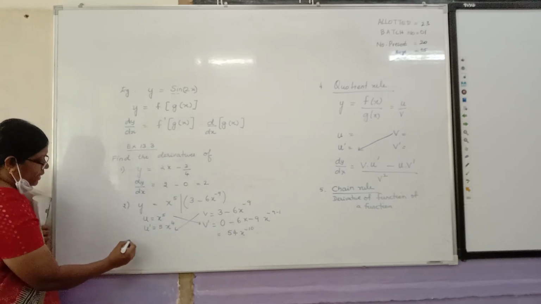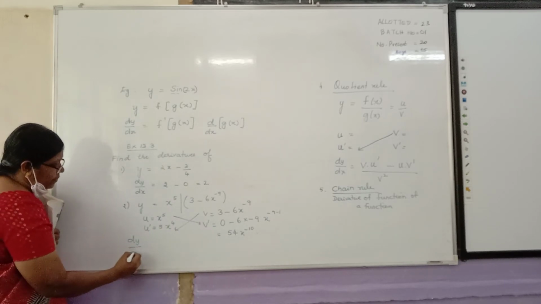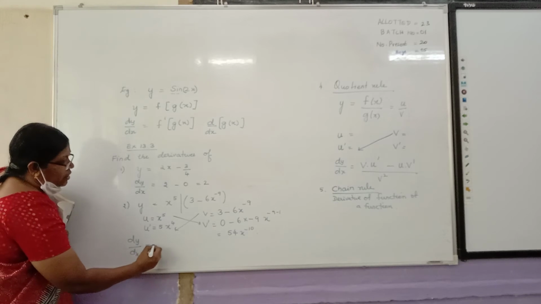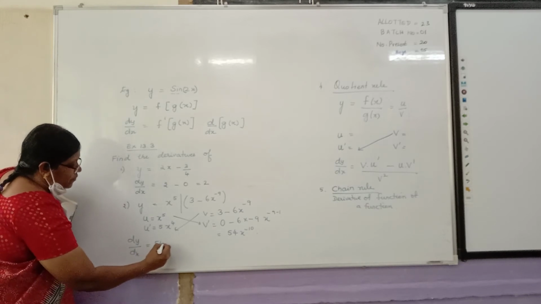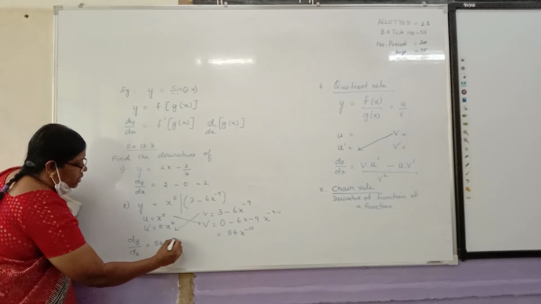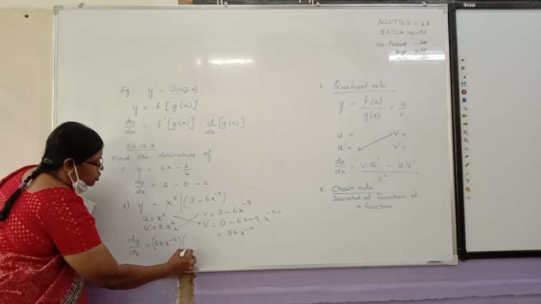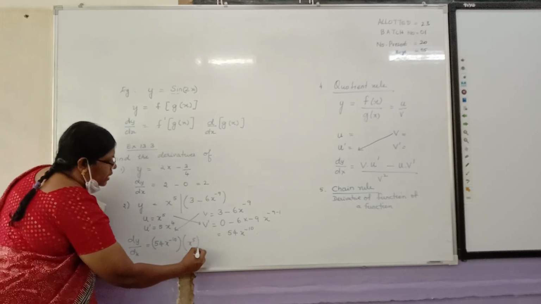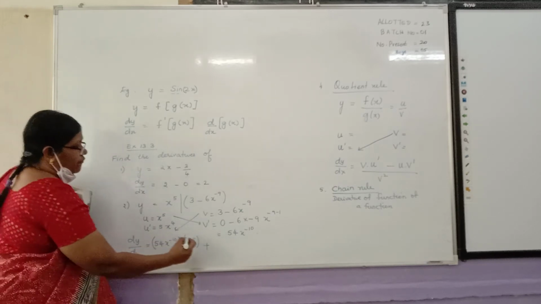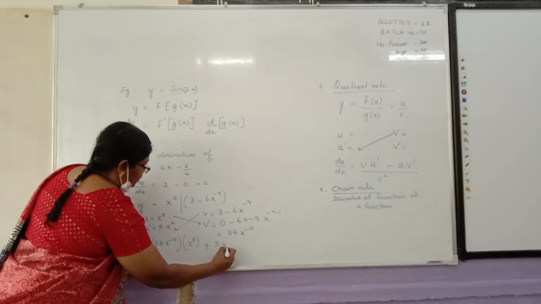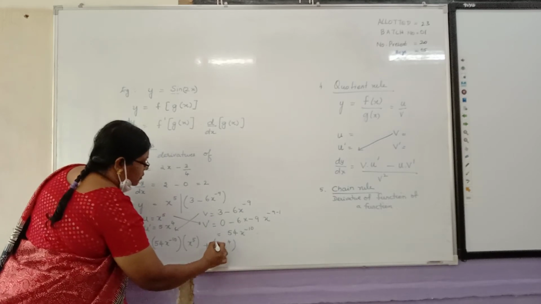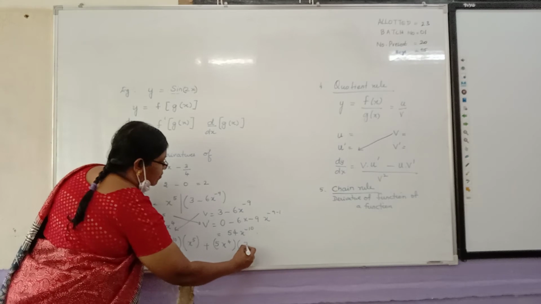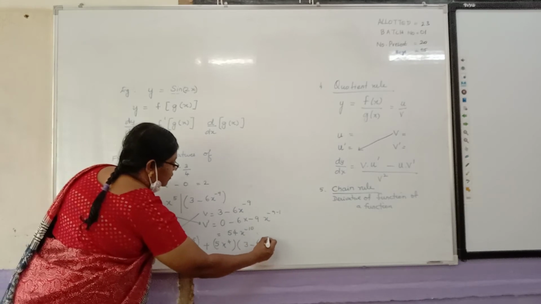So your dy by dx is 54 x power minus 10 into x power 5, plus 5 x power 4 into (3 minus 6 x power minus 9).